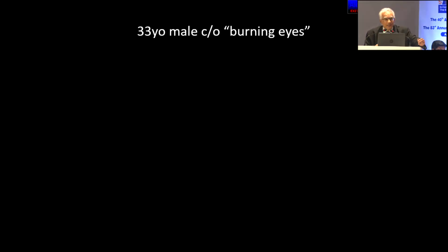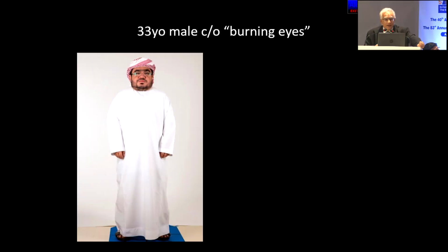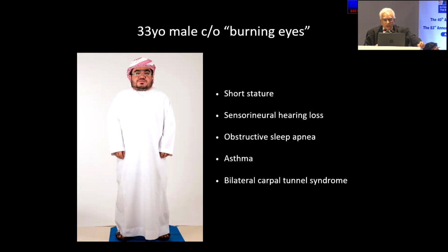Excuse me for showing an adult in this pediatric ophthalmology symposium, but I need to show you this case. He's a 33-year-old male referred with burning eyes. He's got short stature, hearing loss, sleep apnea, asthma, bilateral carpal tunnel syndrome, and he has mild corneal haze. He has an attenuated mucopolysaccharidosis that was missed for 33 years of his life because nobody put all of these things together.